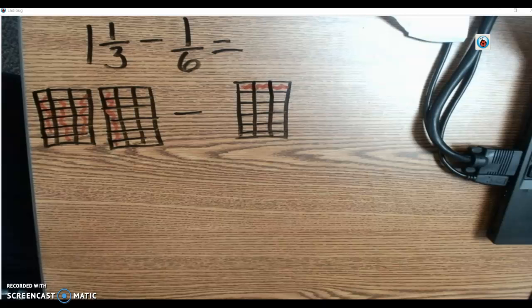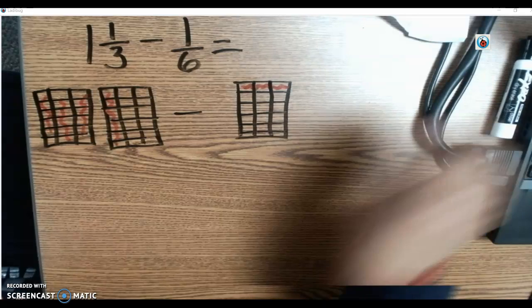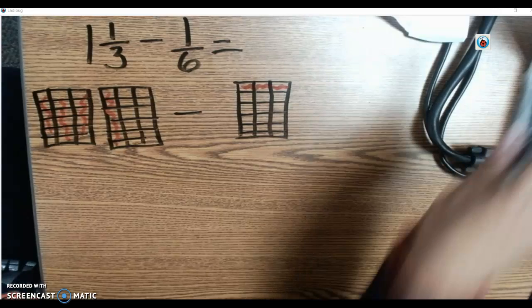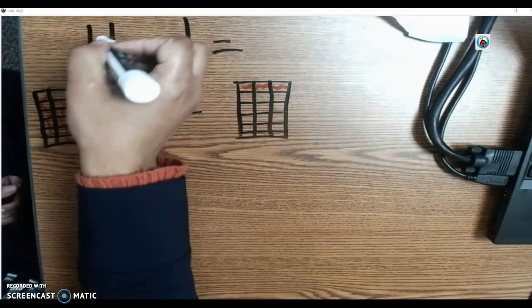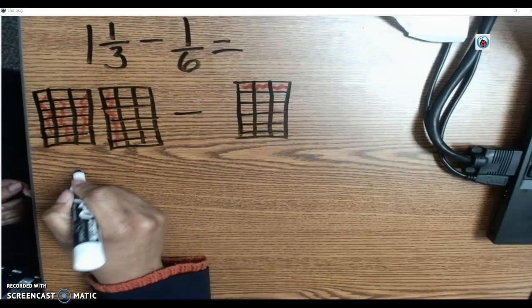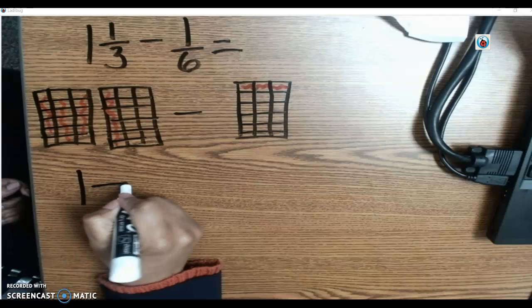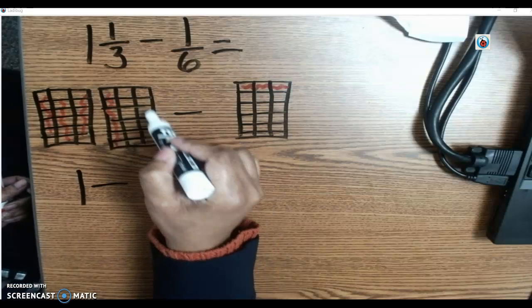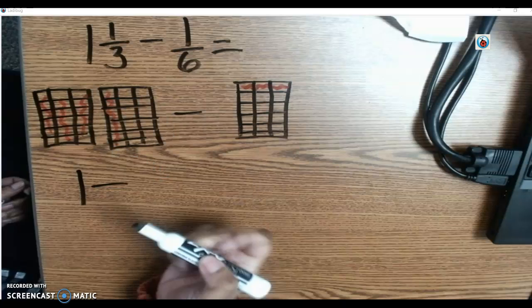So now we are able to solve because we have identified the equivalent fractions. So equivalent to 1 1/3 is 1 and, so we have 3 going across and 6 going down.